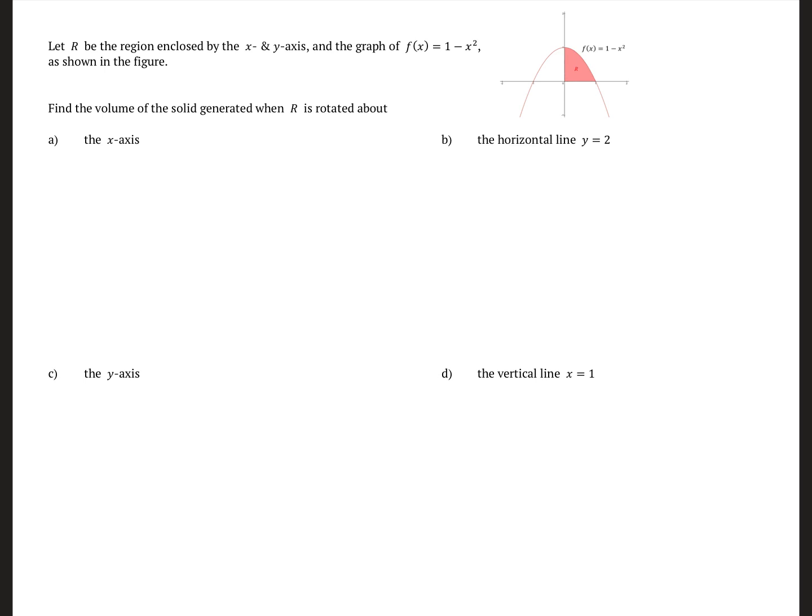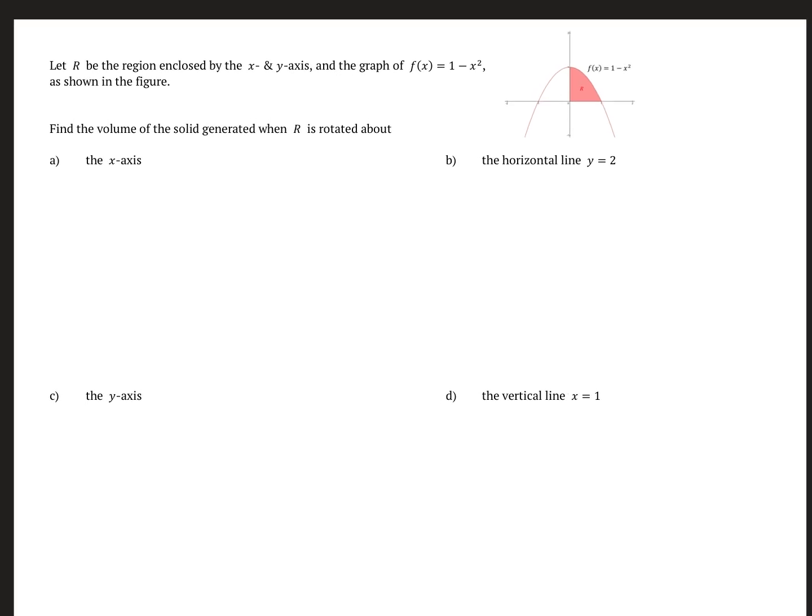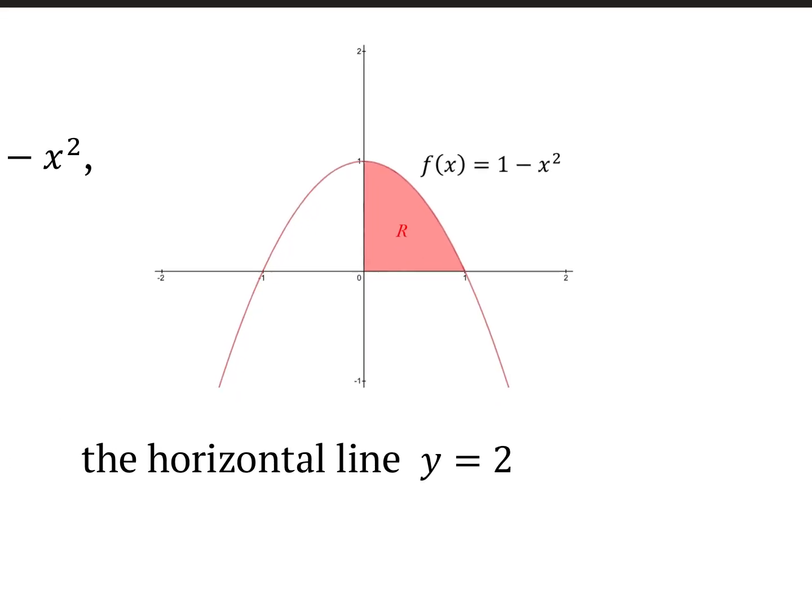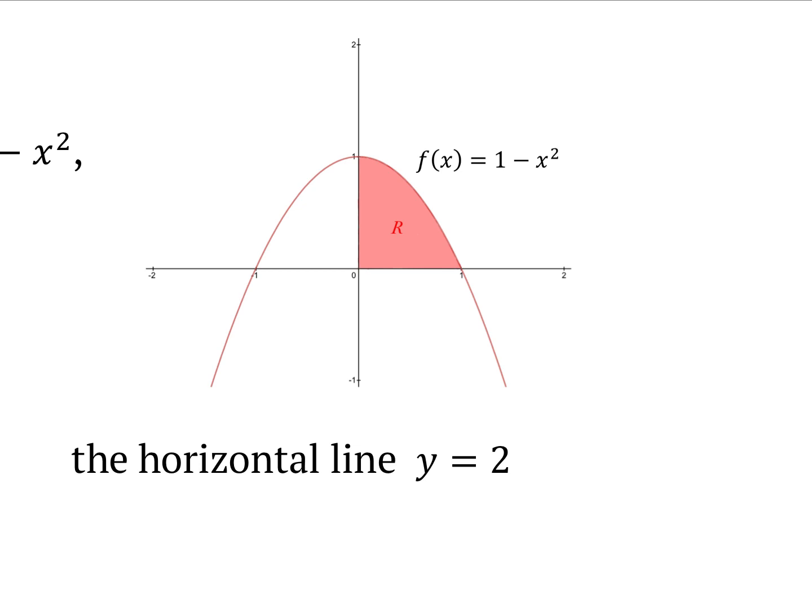So this talks about region R, the region enclosed by the x and y axis and the graph of 1 minus x squared. You can see the y-axis, the x-axis, and the function enclose this area.